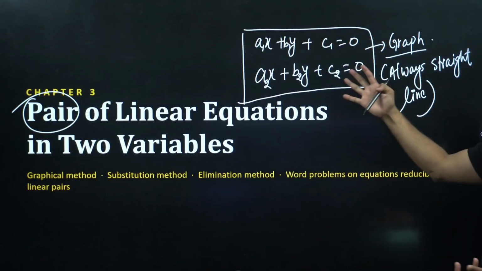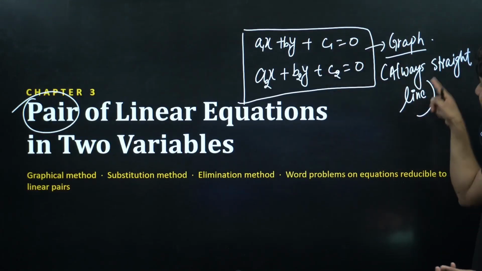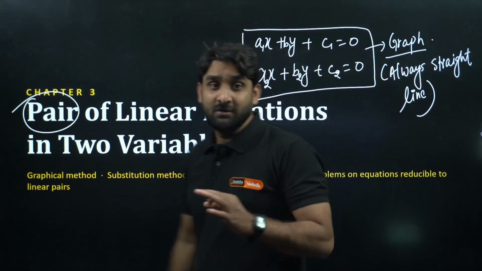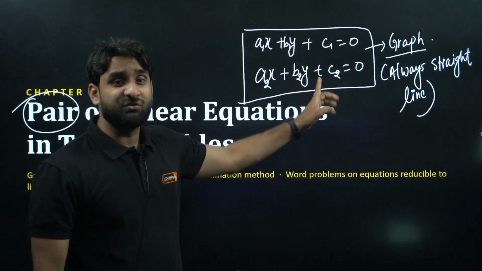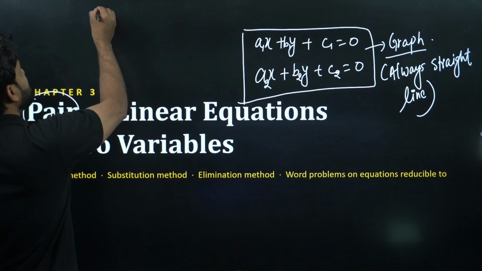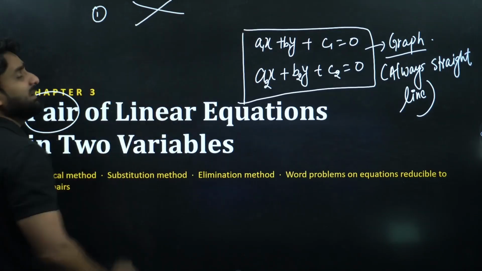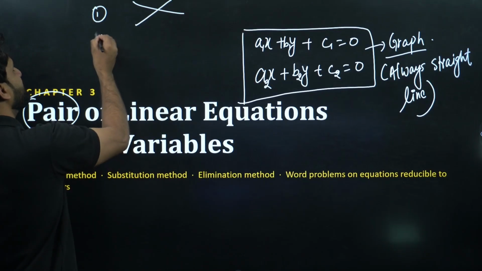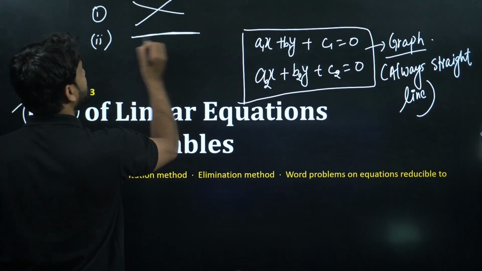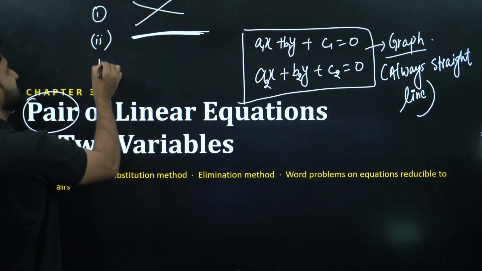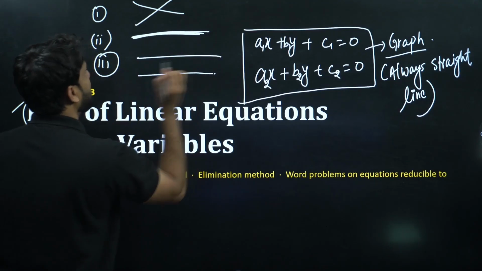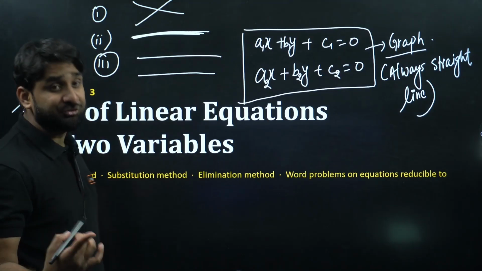So when you draw a linear equation on a graph, it will always give you a straight line. Both straight lines have three possibilities. Sometimes they will be intersecting each other, sometimes they may be coinciding, both lying on each other, and sometimes they might be parallel to each other. So there are three possibilities.